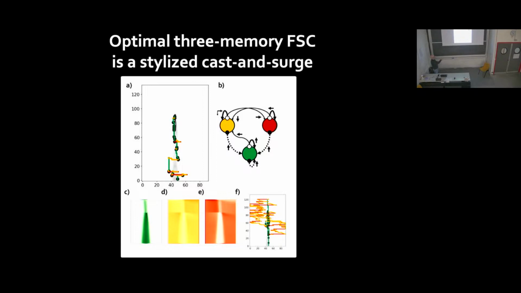The green memory is essentially active here and a little bit here. So when you are here, you are very likely to be in the green memory and very likely surging, which makes sense. The other two are active when you are away from the source on the sides, and you have entered this recovery mode, which brings you back close to the axis of the wind.